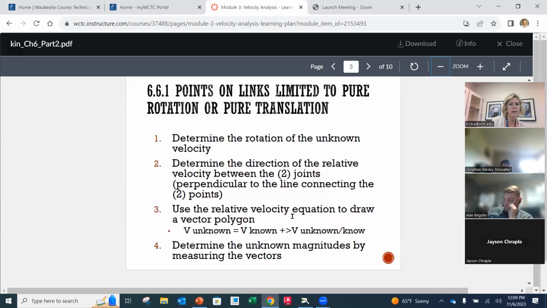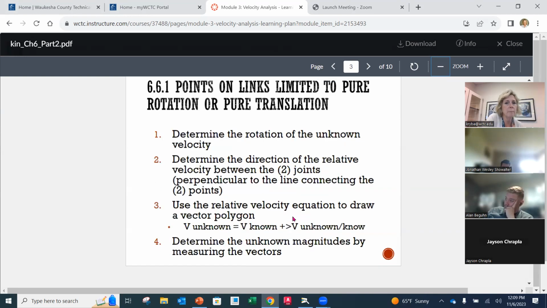So if we look at points that are in pure rotation or pure translation. So number one, this is kind of the process we're going to be going through. We need to determine what the rotation is of an unknown velocity. Meaning if we're trying to find an unknown velocity, we very most likely will always know what is the direction that link is going to be rotating in.